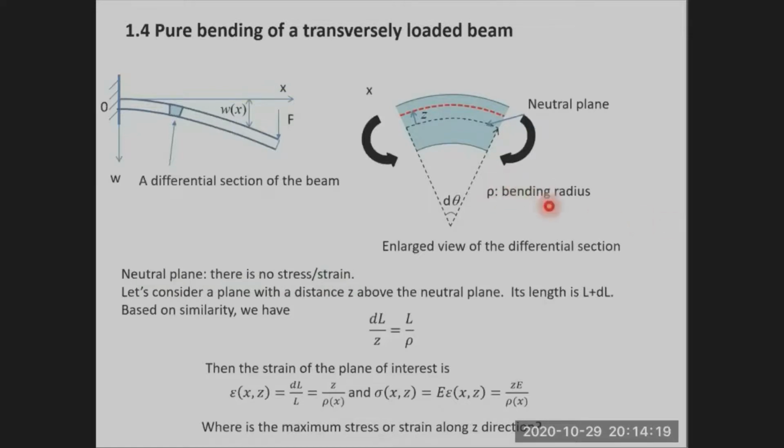And from this figure, we can also observe that this rho, this distance, is the bending radius. And the d theta is the angle that corresponds to this differential section.